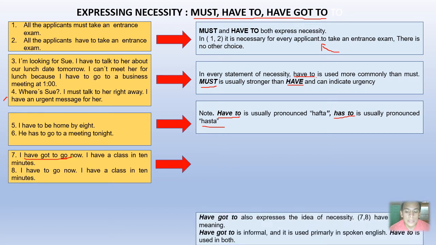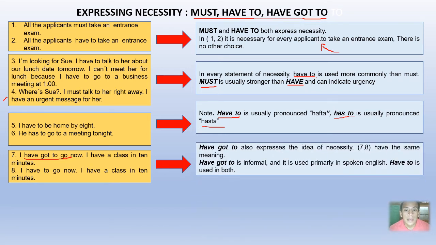Let me show you this. Have got to also expresses the idea of necessity. Examples 7 and 8 have the same meaning. And have got to is informal.